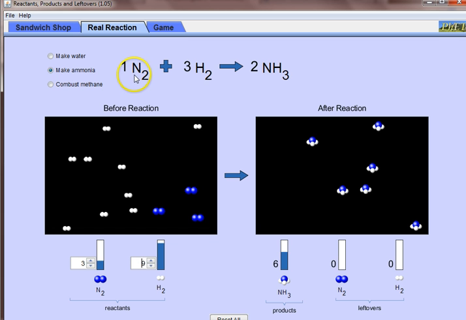So 6 times 10 to the power 23 molecules of nitrogen react with 3 times 6 times 10 to the power 23 hydrogen molecules, and give you 2 times 6 times 10 to the power 23 ammonia molecules. 1 mole is that number, and that's what it signifies, correct? We are just multiplying with a different number.